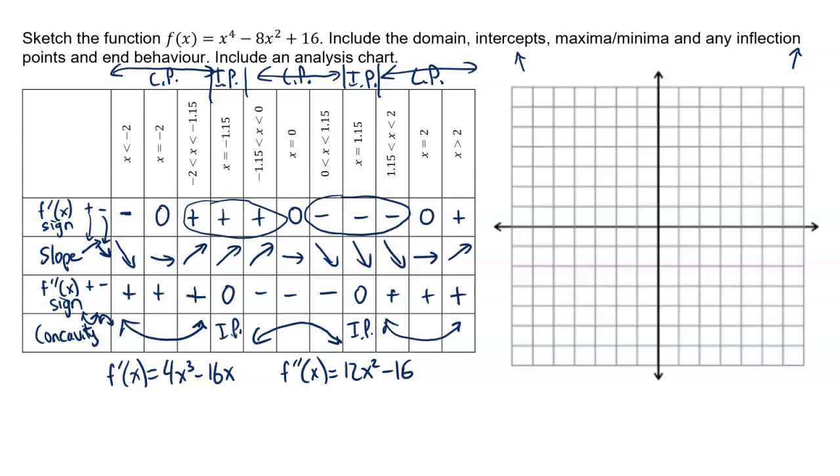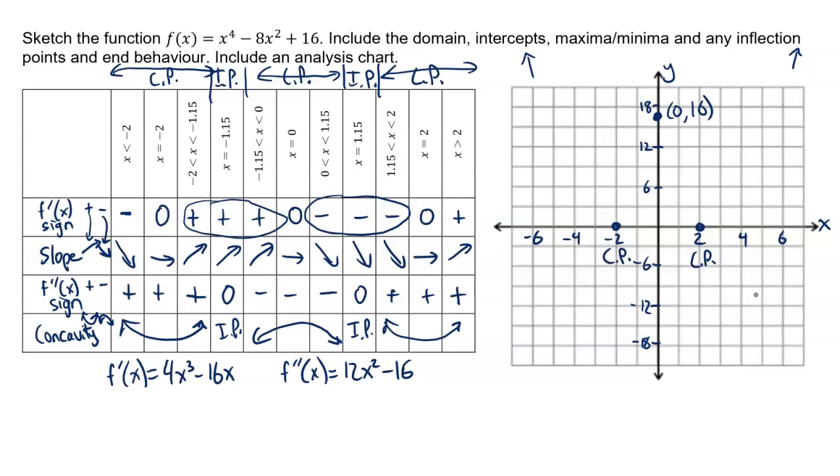Label the axes, and we're going to label our critical points and our inflection points. Now it's important that you choose an appropriate scale. And so you'll notice that my y-axis is going up a different scale than the x-axis. And that's so I can get that y-intercept of 0, 16 in. So that's at 0, 16. And then I had these other two x-intercepts at negative 2 and positive 2. Those were also critical points. And so we had critical points at those two locations.